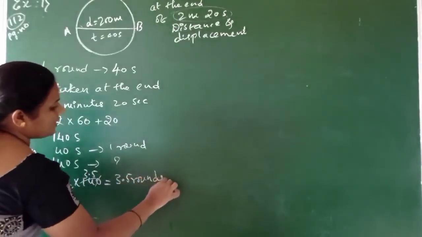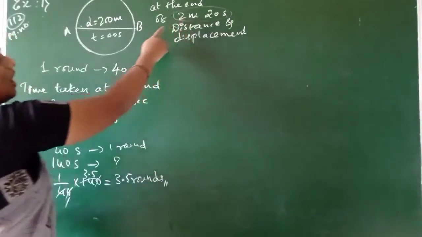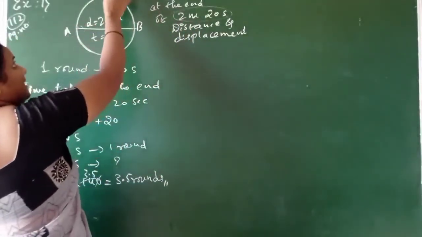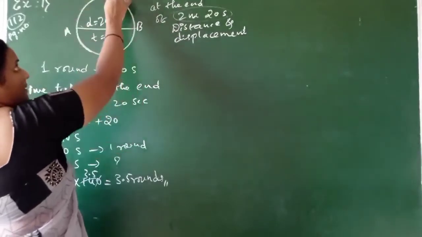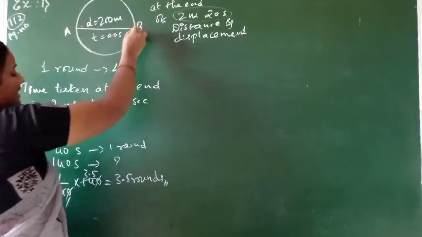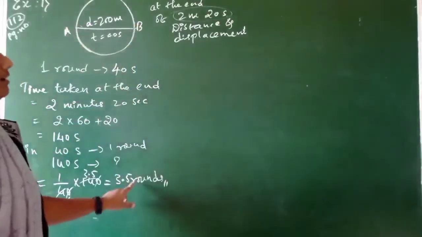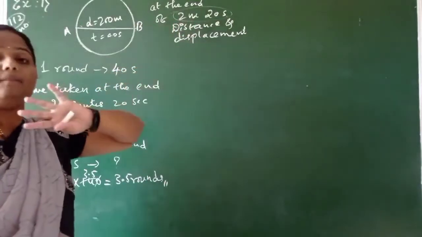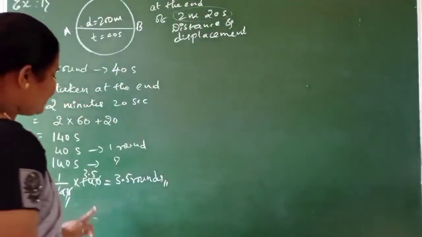So, at the end, how many rounds is he completing, children? Like this, one time he will complete, and once again 2 times, then 3 times, and a half round he will complete by 2 minutes 20 seconds.